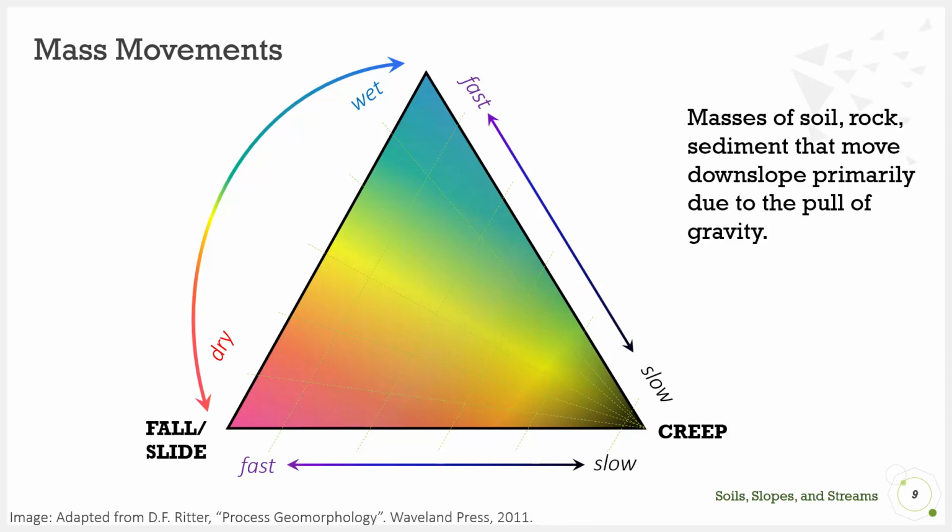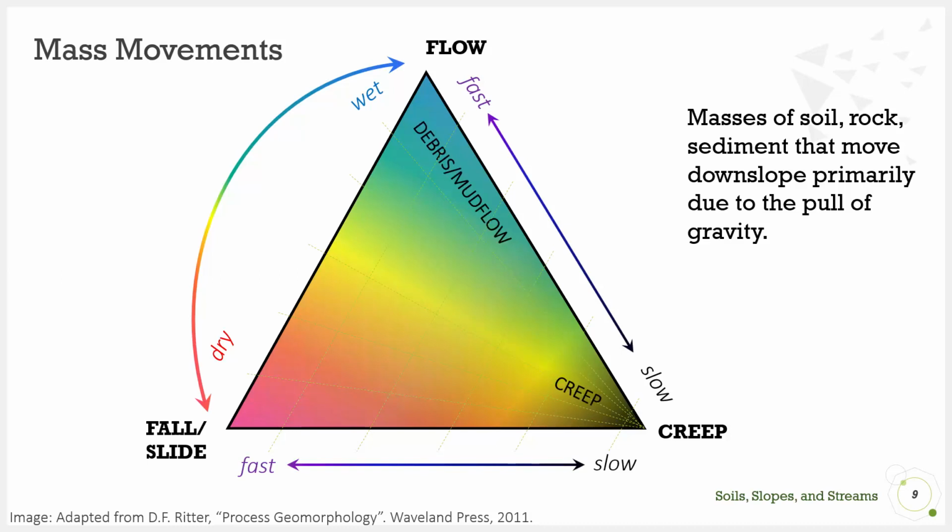Fast and dry mass movements are often called falls or slides. And as we move along the upper line, we move across the gradient between slow and fast processes with very wet material. Fast and wet mass movements are called flows.